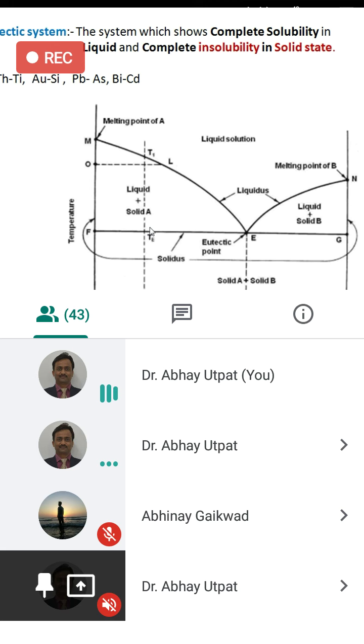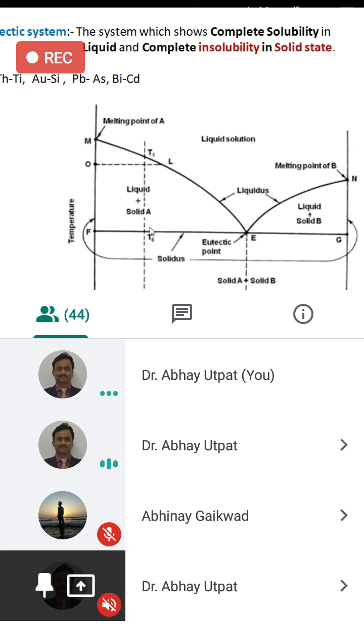You are crossing this eutectic temperature. Up to point TE, you have 90% solid A element and 10% liquid. As soon as you cross the border, this 10% liquid itself is solidified as a mixture.